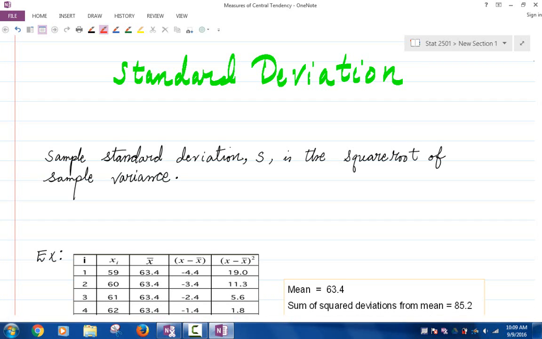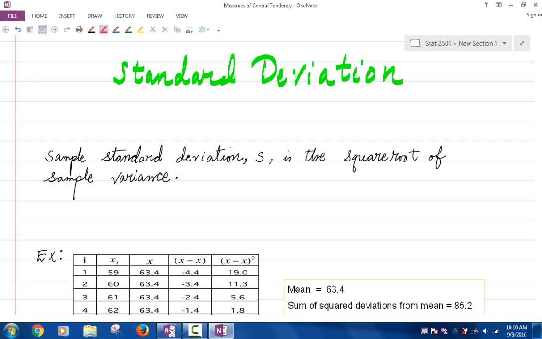Remember we used s squared as the notation for the variance, right? So you take the square root of that. Okay, now standard deviation has the same unit as the observations, right? Is everybody clear?